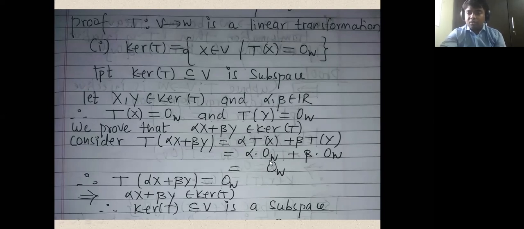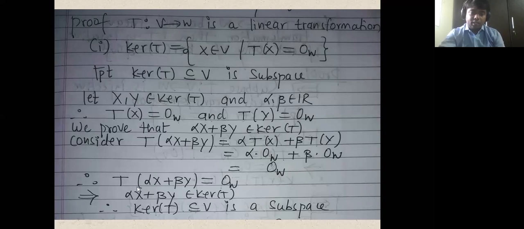T of x is 0 of W, T of y is also 0 of W. We are in the world of vector spaces, so a scalar multiplied by the additive identity is again the additive identity. So alpha times 0 is 0, beta times 0 is 0, and the addition of two zeros is again 0. So everything is equal to 0. What we got is T of alpha x plus beta y equal to 0 of W.